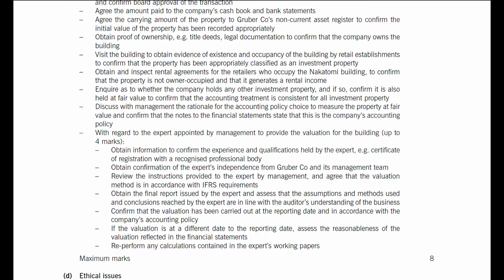Inquire as to whether the company holds any other investment property, and if so, confirm it is also held at fair value to confirm that the accounting treatment is consistent for all investment property. Discuss with management the rationale for the accounting policy choice to measure the property at fair value and confirm that the notes to the financial statements state that this is the company's accounting policy.